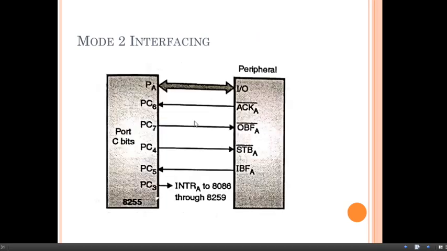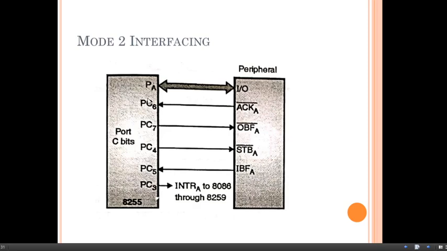This is the interfacing of mode 2, that is strobed bidirectional input output. Here in this diagram we can observe that port A has direction in both ways. That means port A is acting as an input as well as an output port.